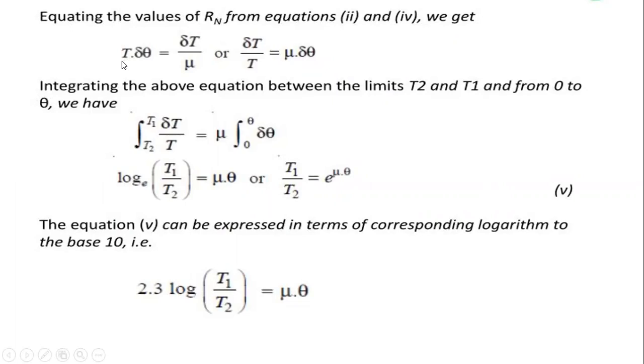Then we get T into delta theta is equal to delta T by mu. This is the value obtained from the two equations. Then delta T by T is equal to mu into delta theta. So we have taken this on both sides, and then we go to the integrative form.